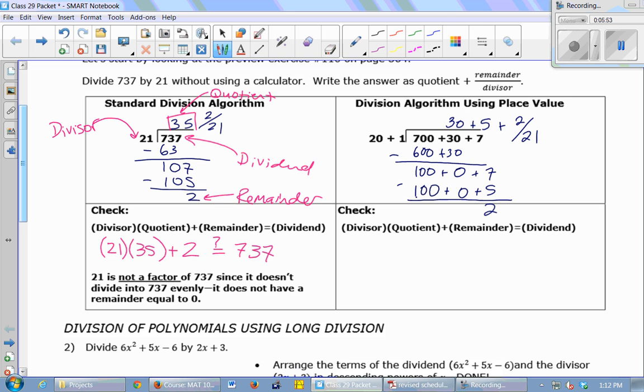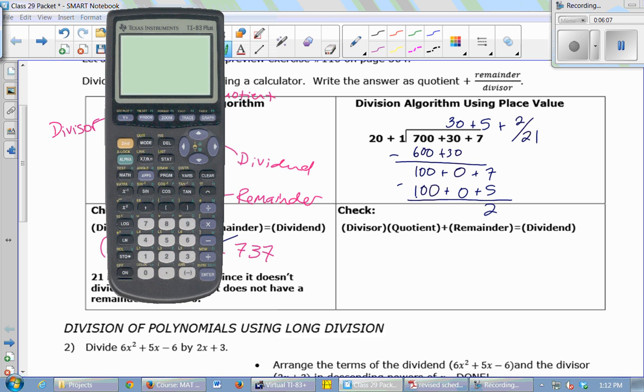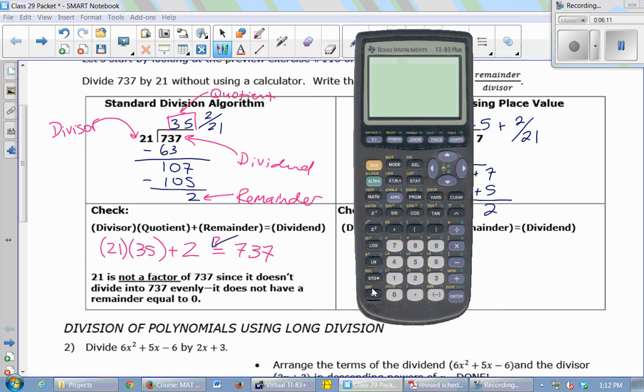And then plus 35 was 735, plus 2 is 737. So that is true. You could just use a calculator to check it if you want. Yes, just plus the plain old remainder, not the fractional. So 21 times 35 plus 2 gives you the 737.